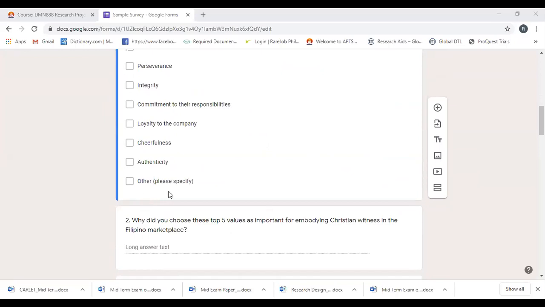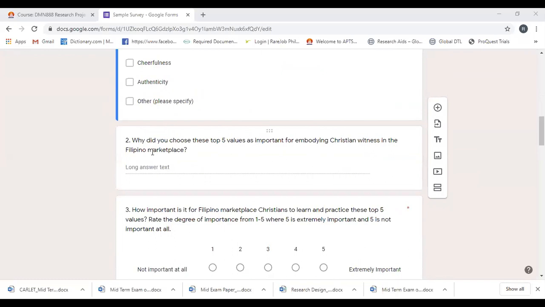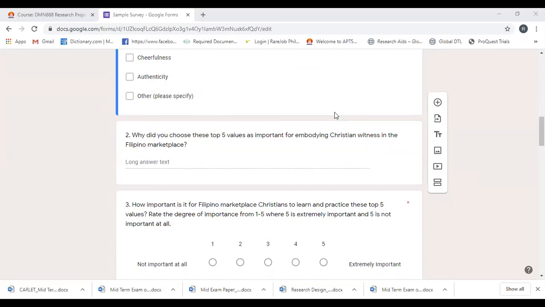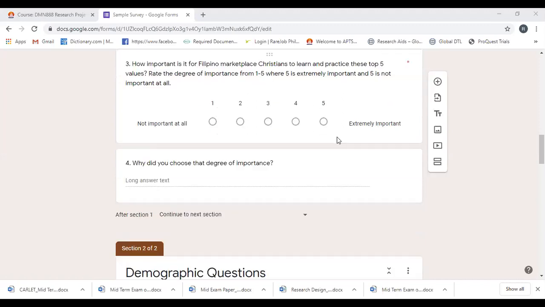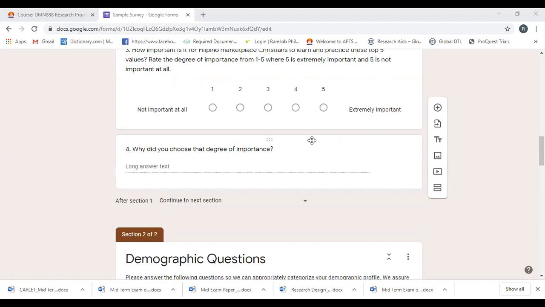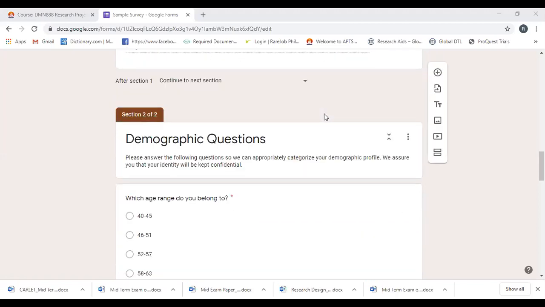And don't forget to put "others, please specify." The second question is an open-ended question: why they chose those 5. The third question is the degree of importance. 1 is not important at all, 5 is extremely important, and they just click. And then why again? After the first part, they go to section 2, which are the demographic questions.